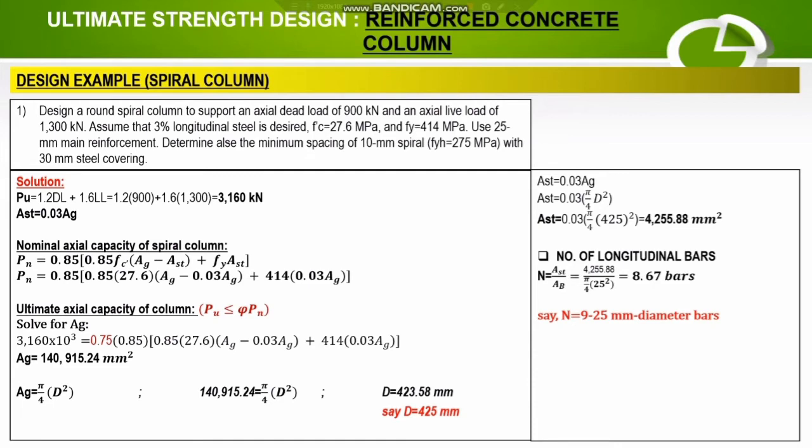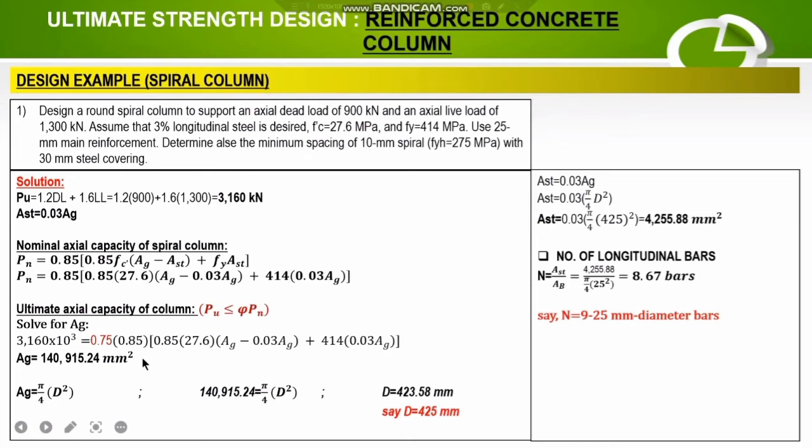So it equals 0.75 times 0.85 times the quantity of 0.85 times 27.6 times the quantity of Ag minus 0.03 Ag plus 414 times 0.03 of Ag. Take note that 0.75 is used as the strength reduction factor since we are dealing with the design of a spirally reinforced column.